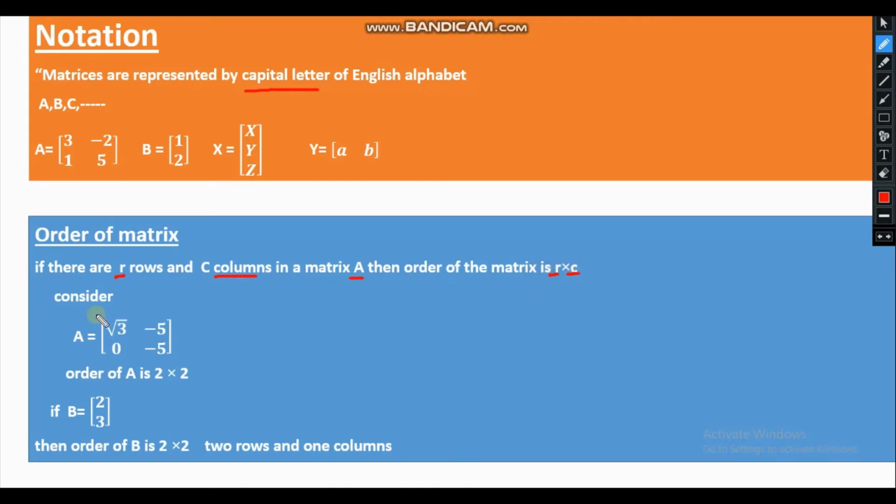Let's suppose A is a matrix with elements root 3, minus 5, 0, 2. The order of A is 2 by 2, or 2 cross 2. It means two rows, 1, 2, and two columns, 1, 2.